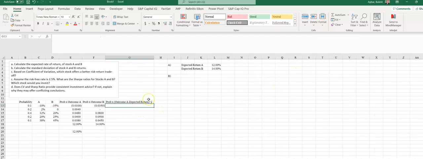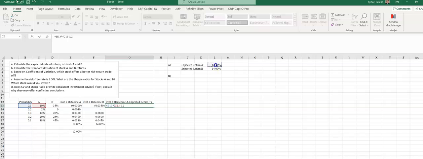So let's fit all of these into this column. What we will do is pick up the probability of occurrence. We will multiply that with the outcome, which is 10% in this case, minus the expected return that we calculated in here. Since that is always going to be the same thing, we are going to fix that.